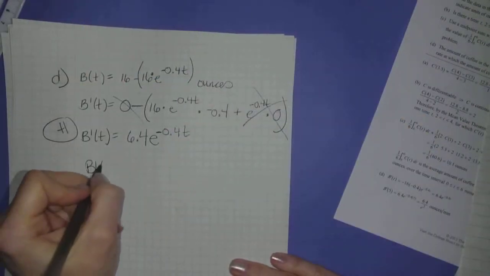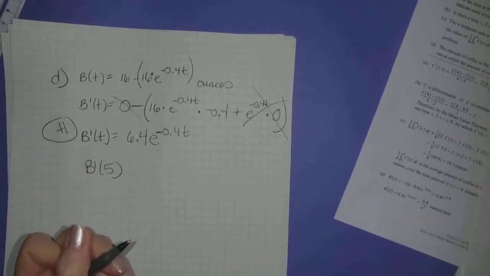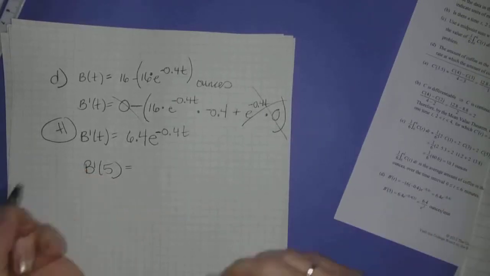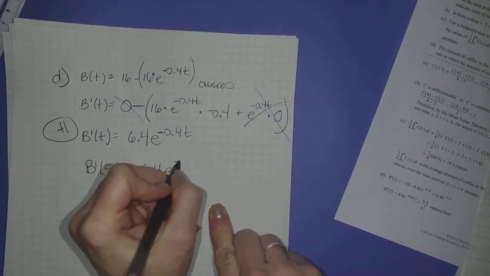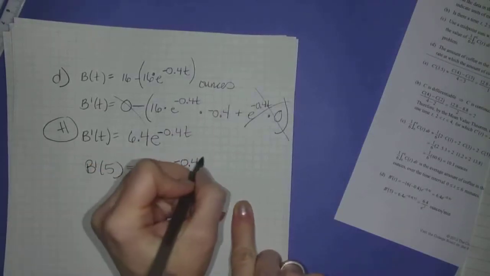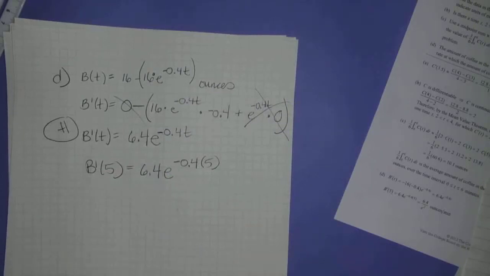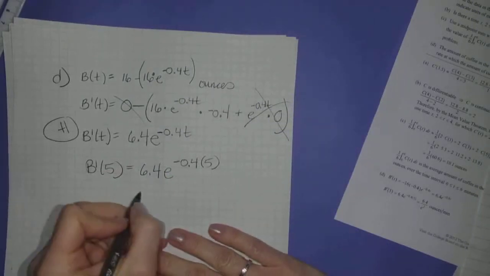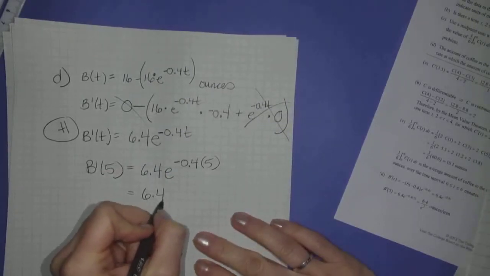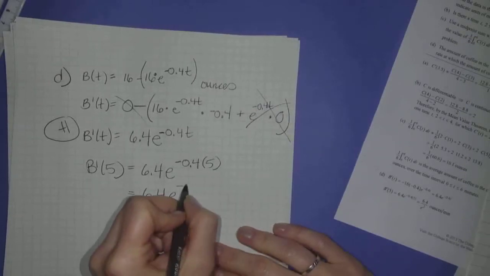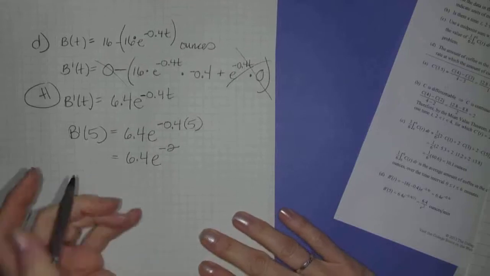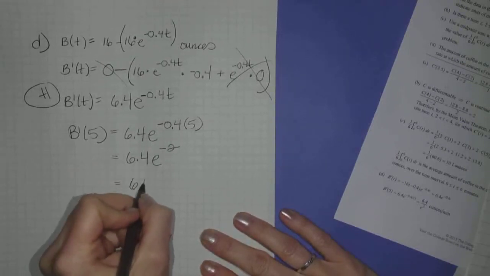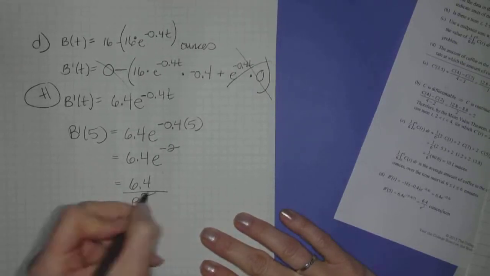Now, b prime at 5 minutes, I have to plug 5 in for t. So that's 6.4 e to the negative 0.4 times 5. And that is going to give me 6.4 e to the negative 2, which, if I don't want negative exponents, I'll rewrite as 6.4 divided by e squared.